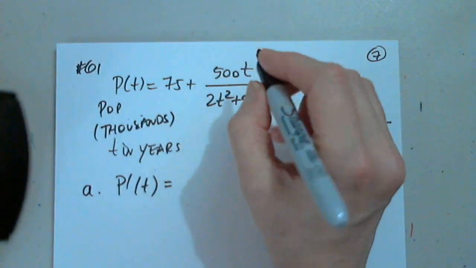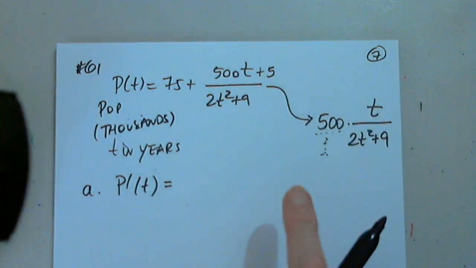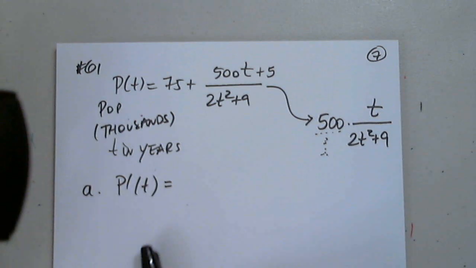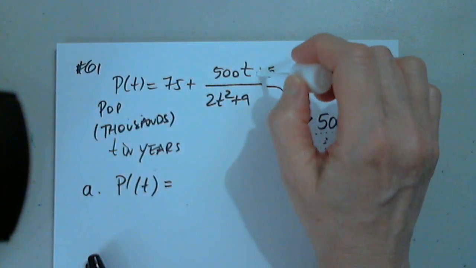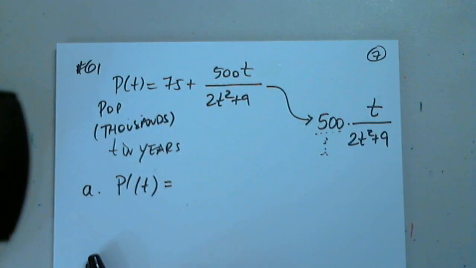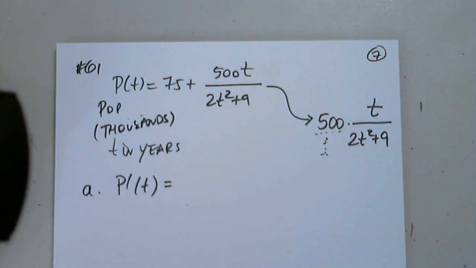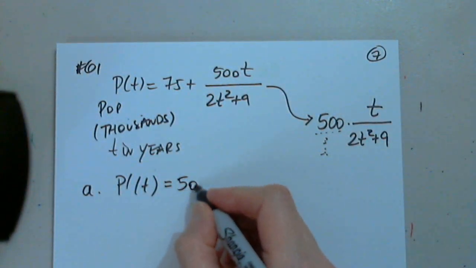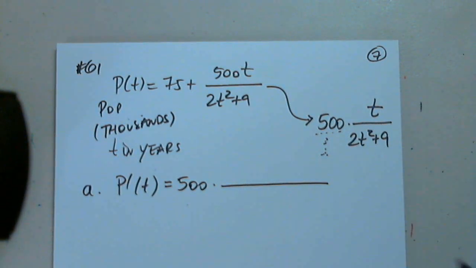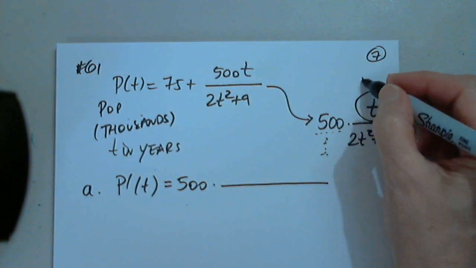Now if I have here plus 5, I cannot do that. And I will not. But because I only have one term, I would rather not involve that 500 in calculations because it will come out anyway at some point in time. So I'll keep 500.